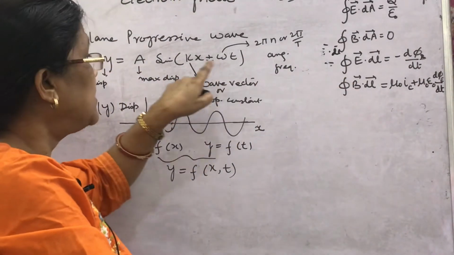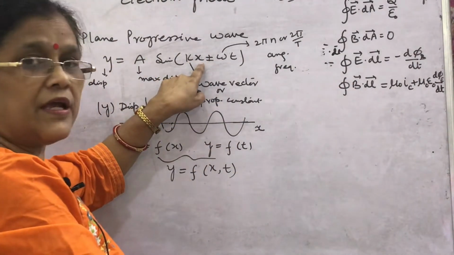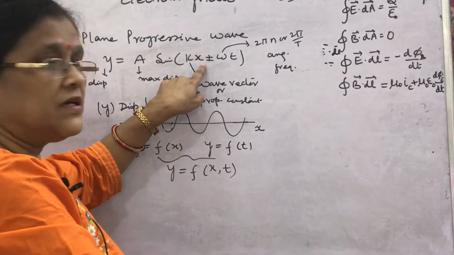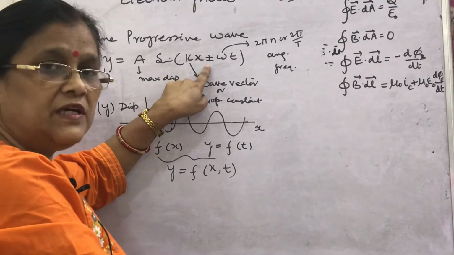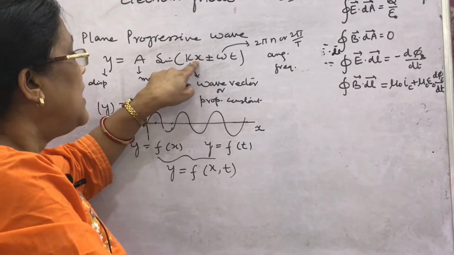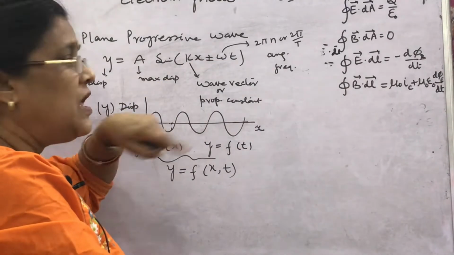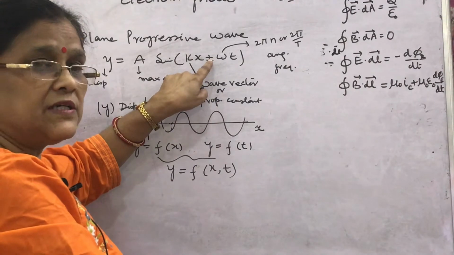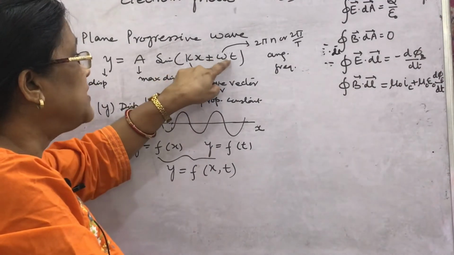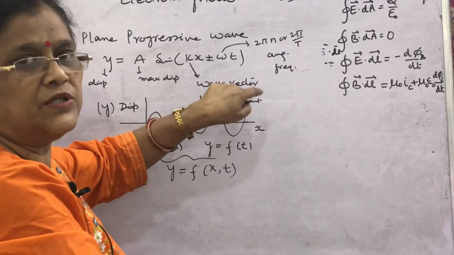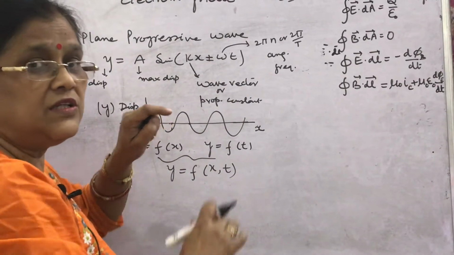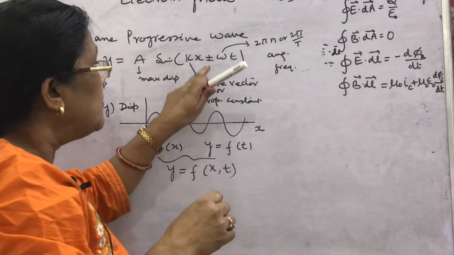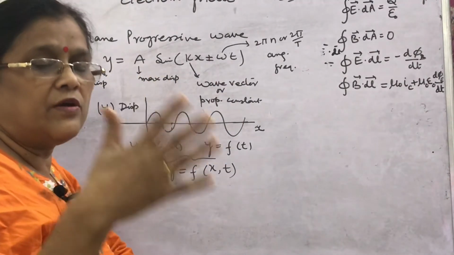In which direction? Whatever is written after k. This equation represents a wave travelling along the x axis, and if you consider only the positive sign, then negative x axis. If you write kx minus omega t, then along the positive x direction. These are the points which you should take care of.